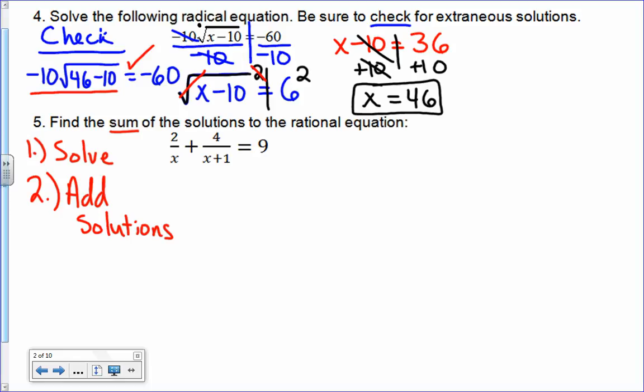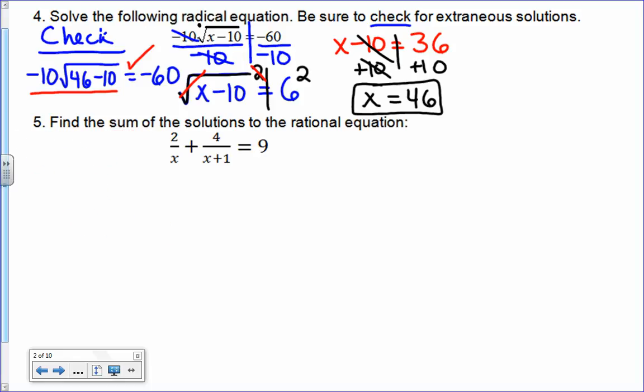All right. So to solve one of these rational equations, the ones with fractions, in this case, we need a least common denominator. And remember, everything has to have the same denominator. If everything has the same denominator, we can get rid of the bottom and just solve the top.